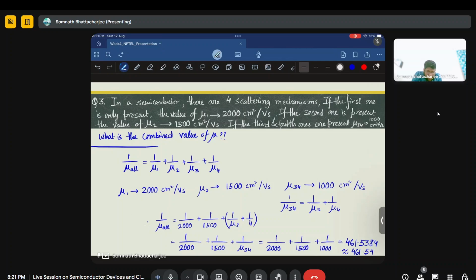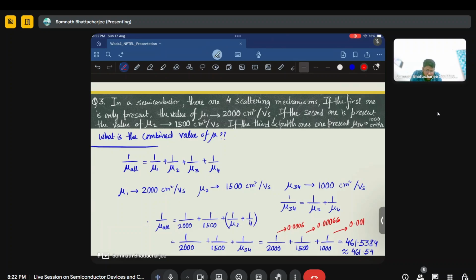So 1 divided by 2000, I'll write it down here. This one comes out to be 0.0005. This one is 1 divided by 1500, so this is 0.00066. And this one is similarly 0.001.